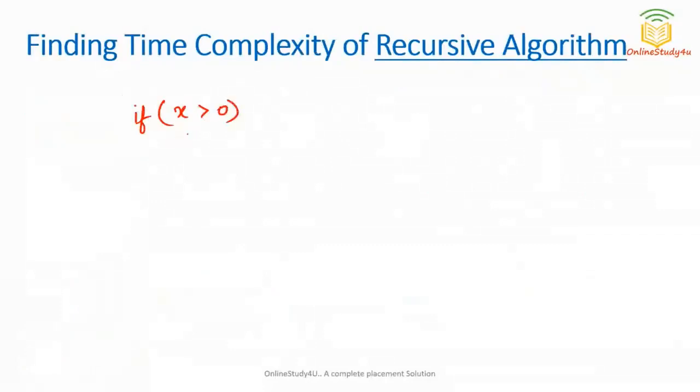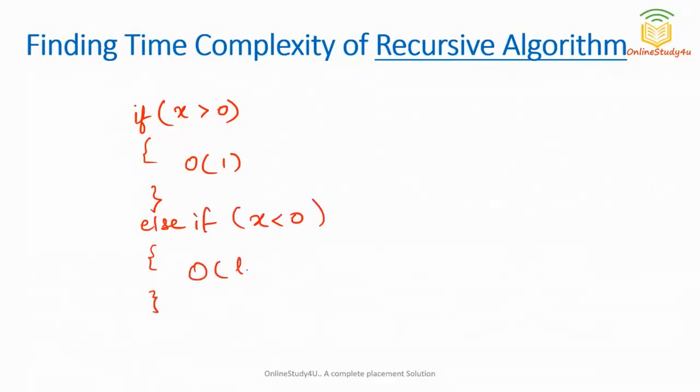If x is greater than 0, we have something in this if block which has a big O notation of 1. Else if x is less than 0, we have something in this else if block, which will give big O of log n. Else we have a block which has big O of n square.